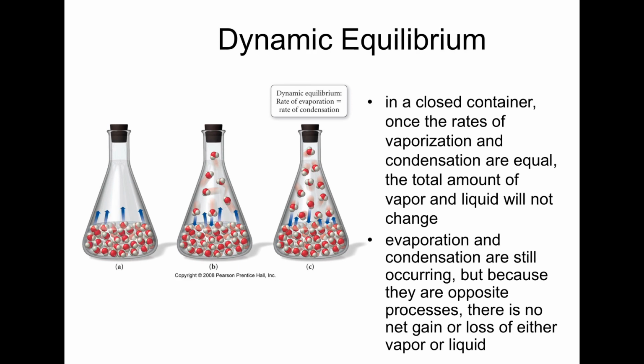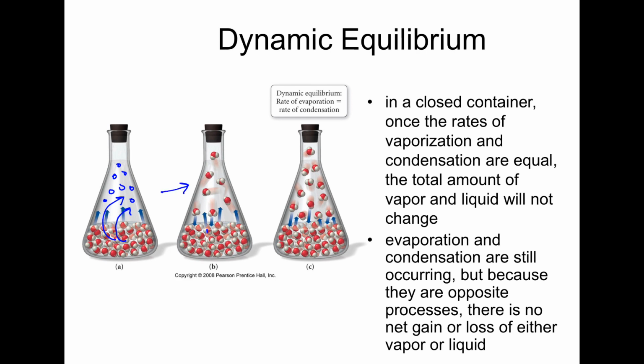So in the very beginning, all that's happening is evaporation, liquid molecules becoming part of the vapor phase above that liquid. But over time, water molecules are going to kind of crowd up here, and there's not going to be any more space for liquid molecules to go into that vapor phase. It's going to be very crowded.